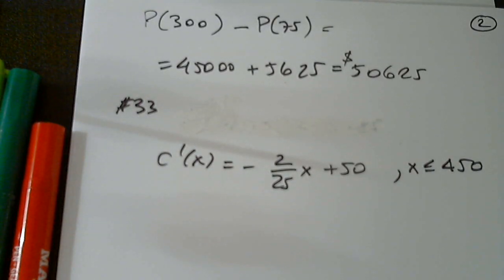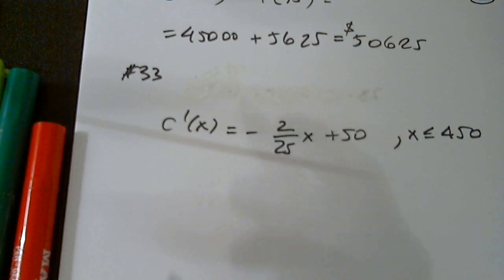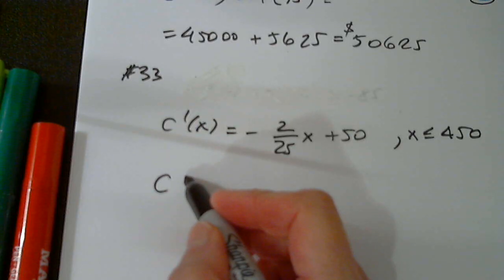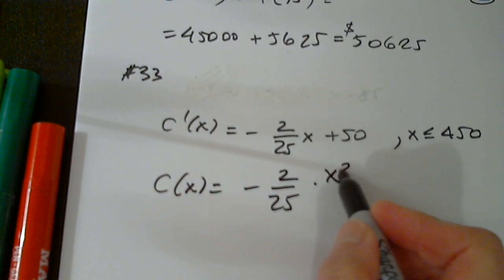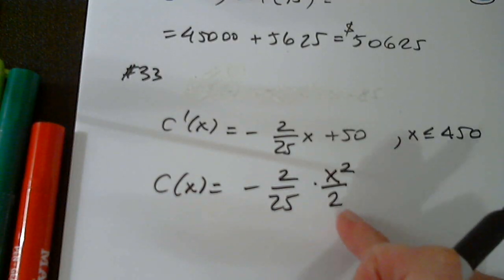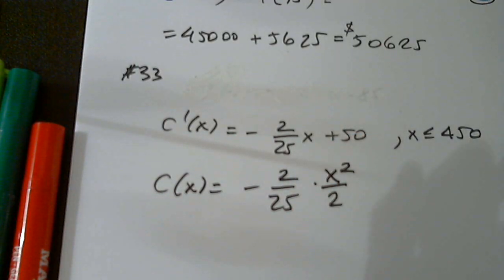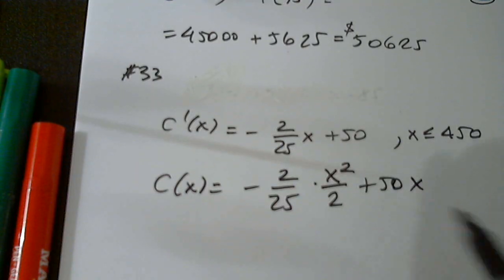First, we have to determine the most general antiderivative. So that will be C of x equals negative 2 over 25 times x squared over 2, because x squared over 2 prime will be x, plus 50x.